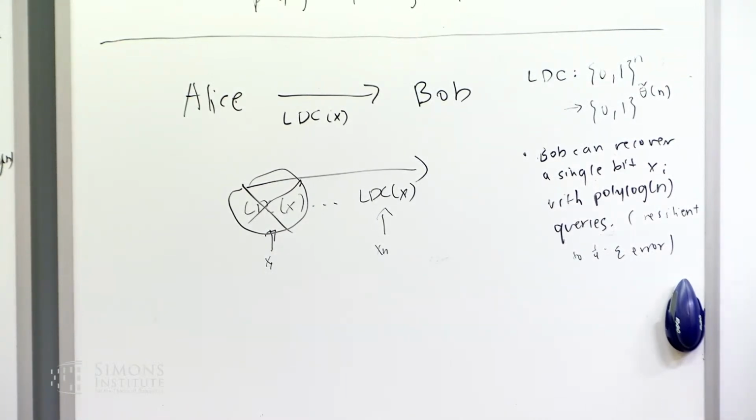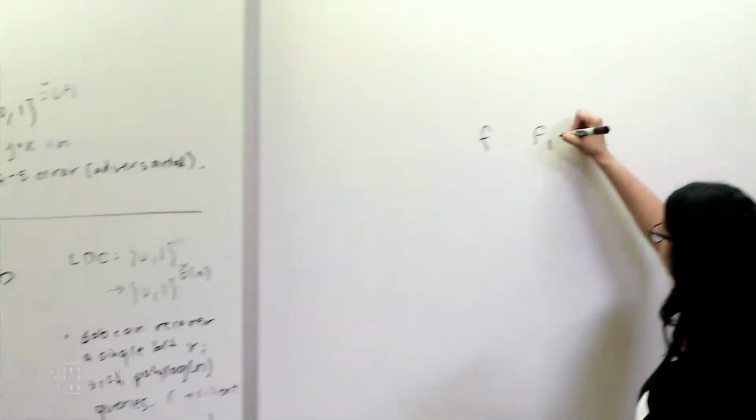Okay, so to do this, let's look at what's going on in terms of a tree structure. The final construction is going to be recursive in some sense. The function that Bob is computing, f, which is y.x, can be broken into two parts.